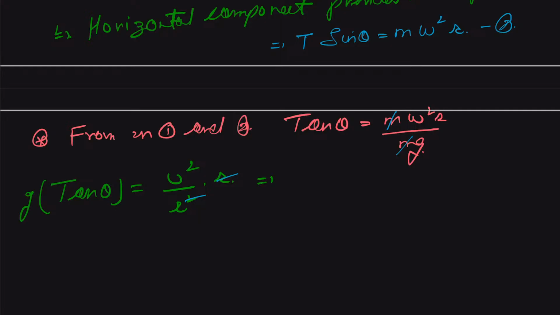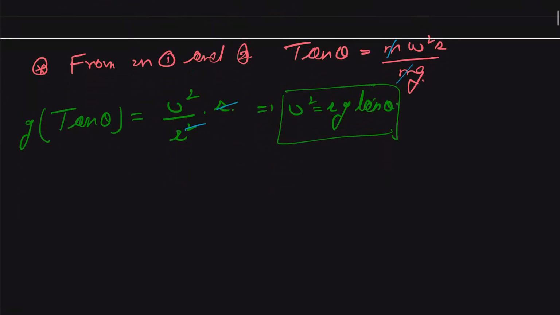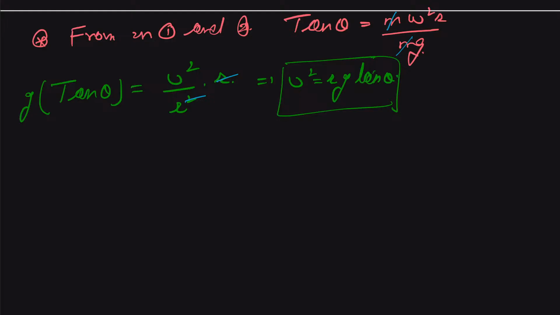Therefore, from here we get that v square is equal to r g tangent of theta, and from here we can easily calculate our angular velocity. Therefore, omega square will be equal to g tangent of theta divided by r, and we can find out the angular momentum about the vertical axis.